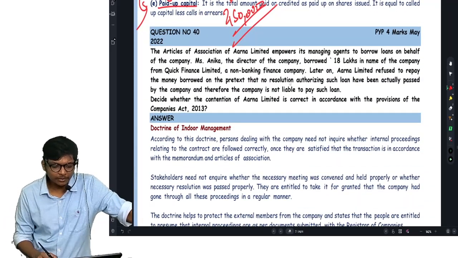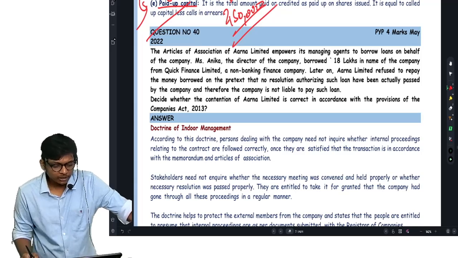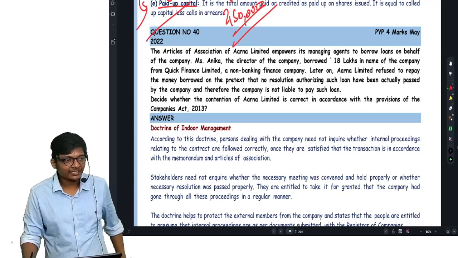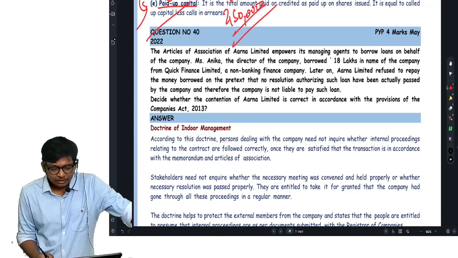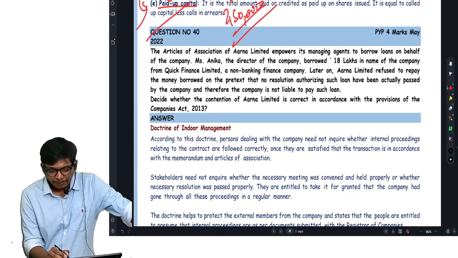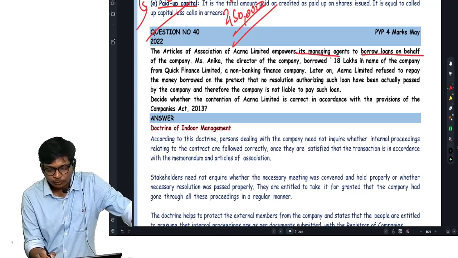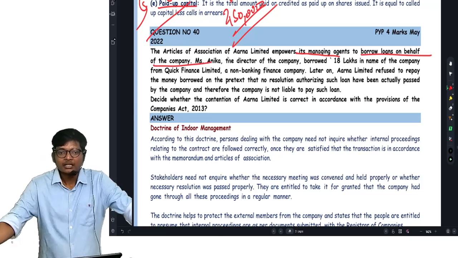Next, question number 40. Just 10 more to go, guys. I think 50 are there. A lot of repetition is coming, so it's fine. Articles of Arna empower its managing agents to borrow loans on behalf of the company.